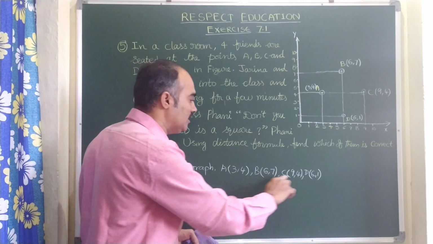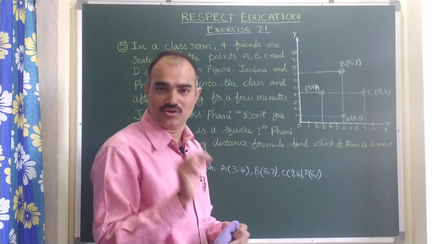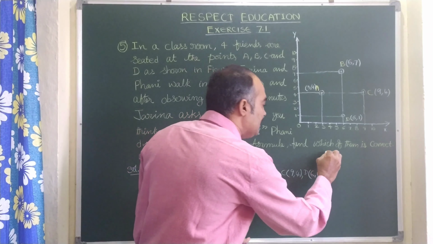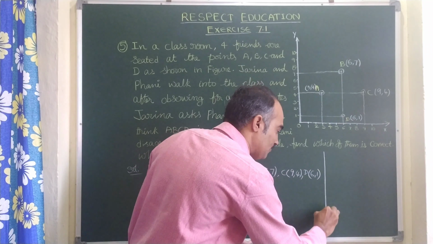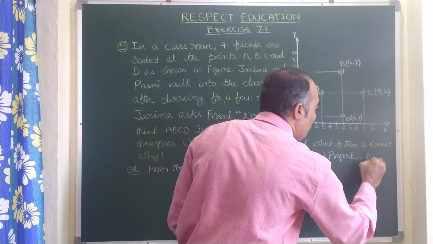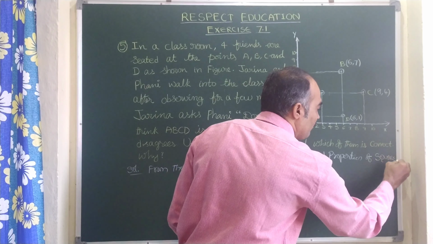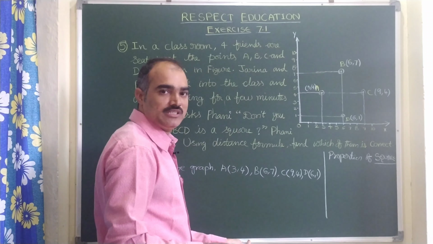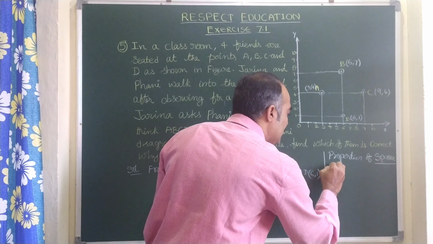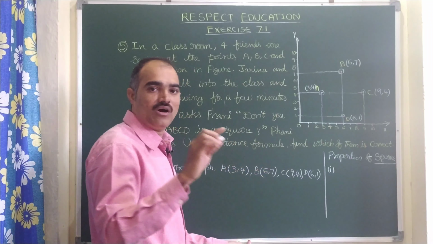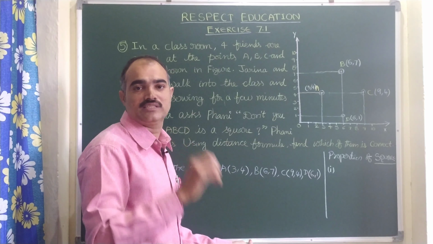Now the question is whether these 4 points form a square or not. Let us see the properties of a square. The first one is that a square has 4 equal sides.